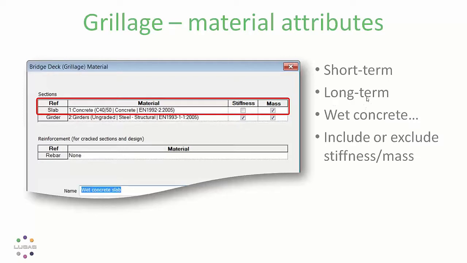If you're just looking at long term, where you're applying, say, superimposed dead load, say surfacing, you would want both the stiffness of the slab and the stiffness of the girder to be taken into account. But for the wet concrete case, you only want the stiffness of the girder to be taken into account, but you want the mass of the slab to be applied to the girder section on its own. Now, this is automatically done for you, so you don't need to use activation or deactivation to discount the slab.